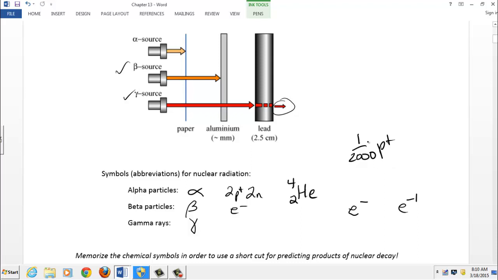So if you're going to round off 1/2000th to the nearest whole number, what would it be? Yeah, if it was 1/2, you round up to 1. But this is less than 1/2, so you have to round off to 0. Okay, to a whole number, the mass number of an electron is 0. It kind of makes sense. Electrons are pretty light. They don't weigh much, so let's just round off to nothing.